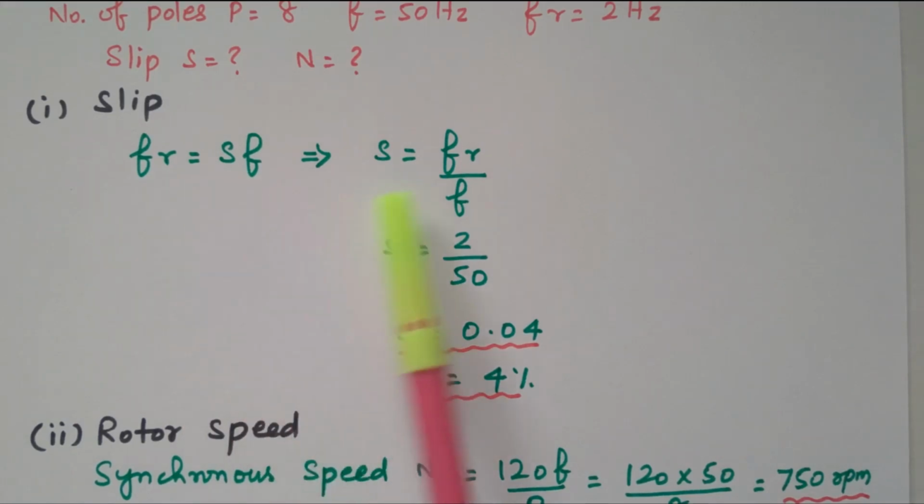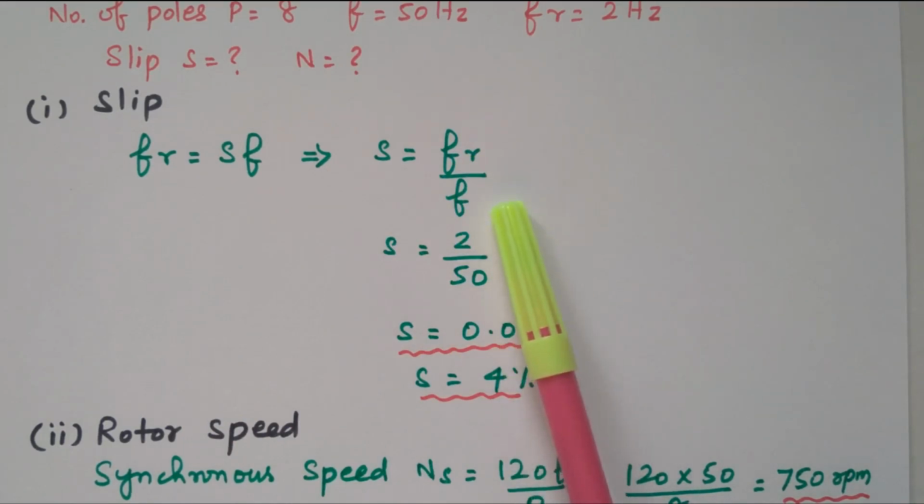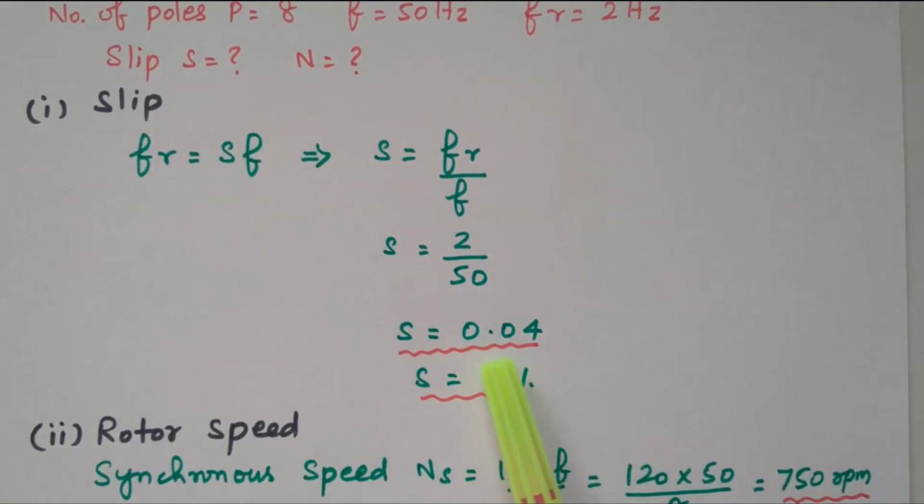So S equal to Fr divided by F. The rotor frequency is given as 2, the supply frequency is 50. So 2 divided by 50 is 0.04, that is nothing but 4%. So for this given data the slip of the induction motor is 4%.